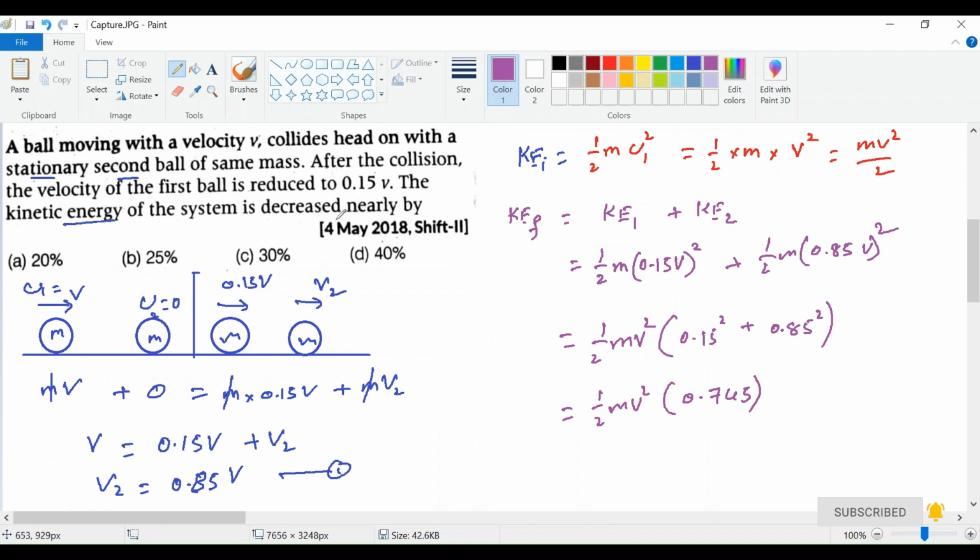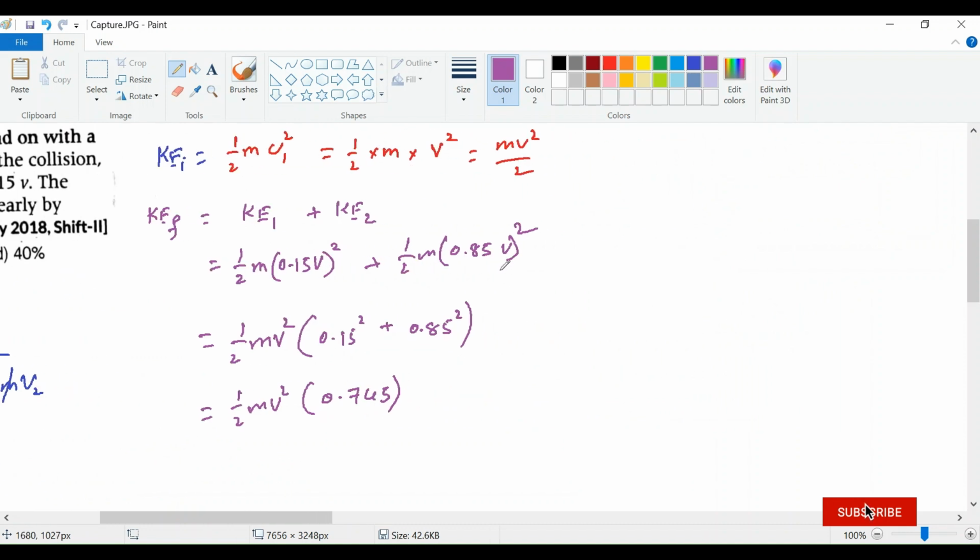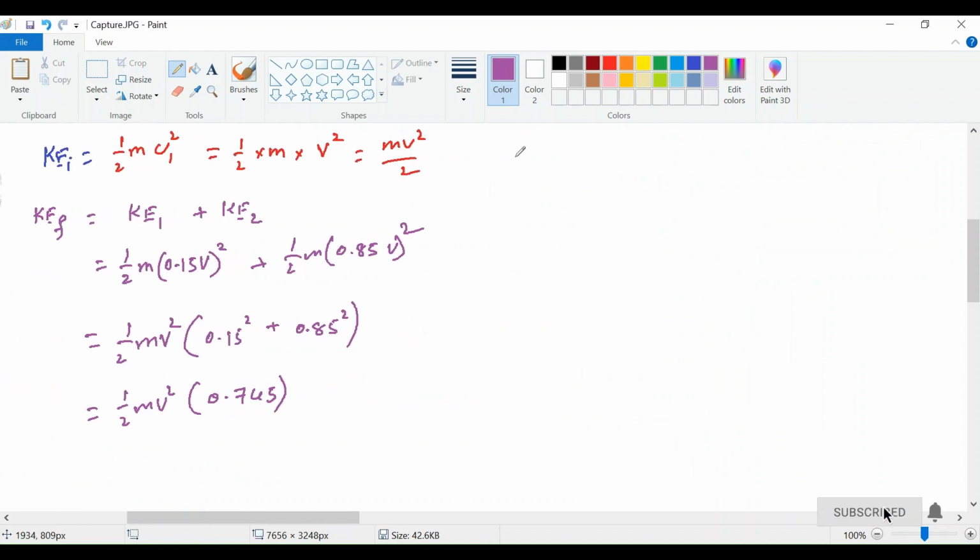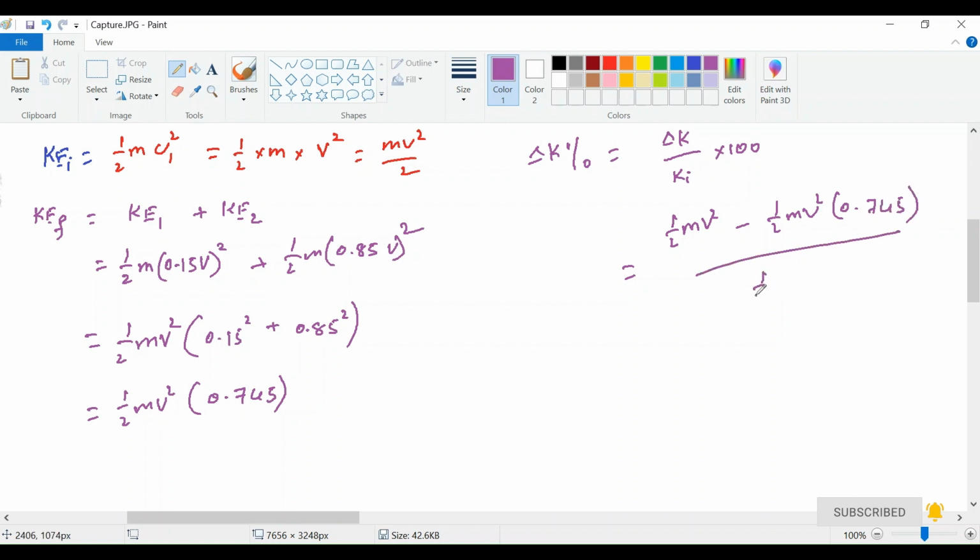Now what are they asking? The kinetic energy of the system decreased nearly, in percentage. This is initial, this is final. How much decreased? The percentage change in kinetic energy is the change in kinetic energy by original kinetic energy into 100. So original half mv square minus final half mv square 0.745, by original half mv square, into 100.